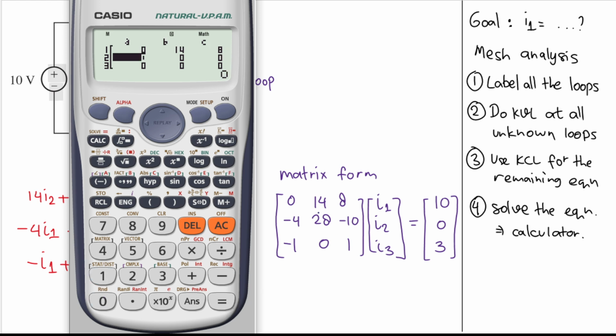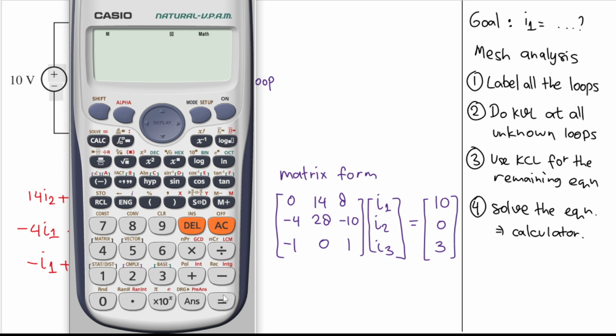Good. That is for the first row. And then the second row, I will have minus 4, 28, minus 10, and then 0. And then I will have minus 1, 0, 1, and finally 3.